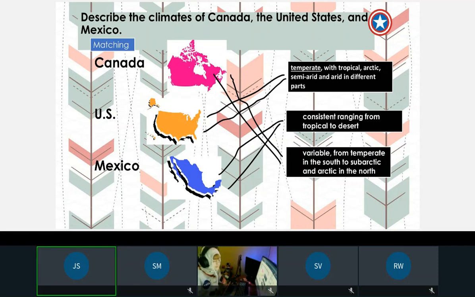So when you break it down, your tropical and desert is going to be in the lower latitudes. Your temperate climate is going to be in the middle latitudes, and your variable climate is going to be in the upper latitudes. The further you go up in latitude, the further north you get, the more it becomes Arctic. The middle latitudes are going to be more temperate, and the consistent climate is Mexico because it's lying in the southern latitudes. Okay, very good, guys. Let's go to the next slide.